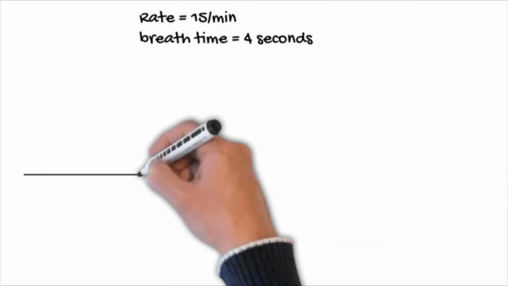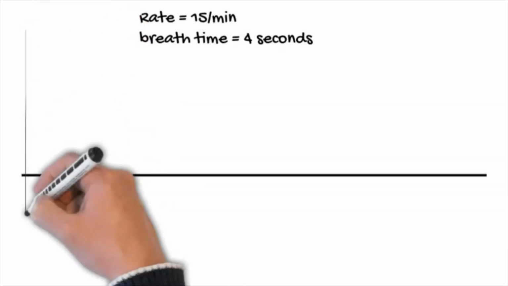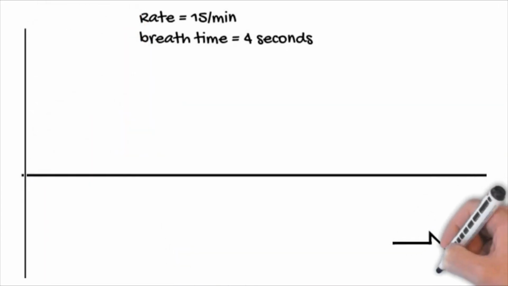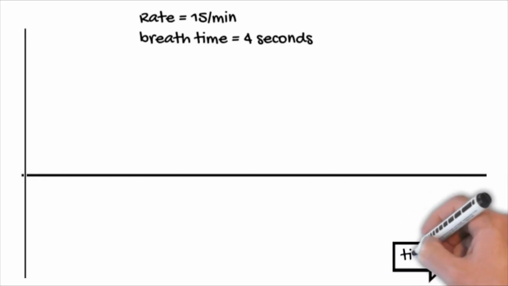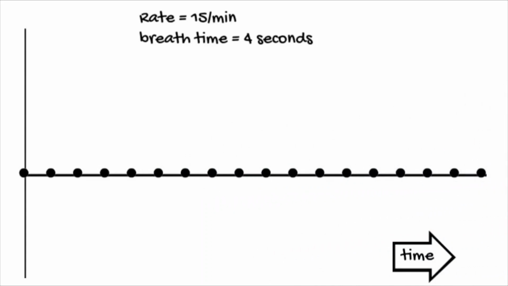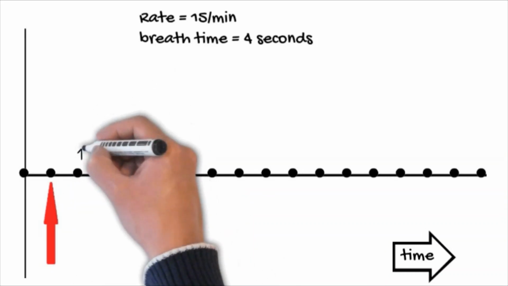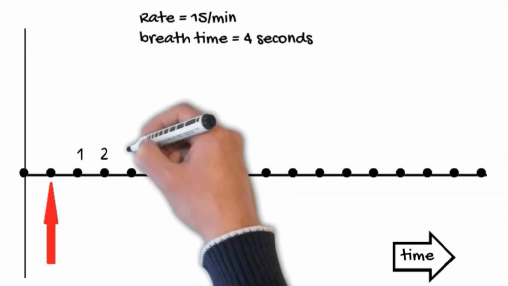Let's assume that we have set the rate equal to 15 breaths per minute. So breath time will become 4 seconds. If you draw a time scalar on the x-axis and assume that each dot represents 1 second, if the ventilator initiates a breath at this level, the next breath initiated will be after the 4th second.